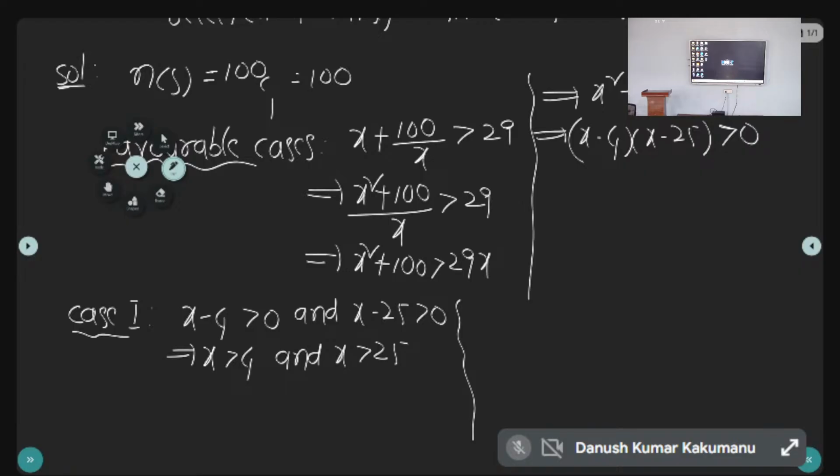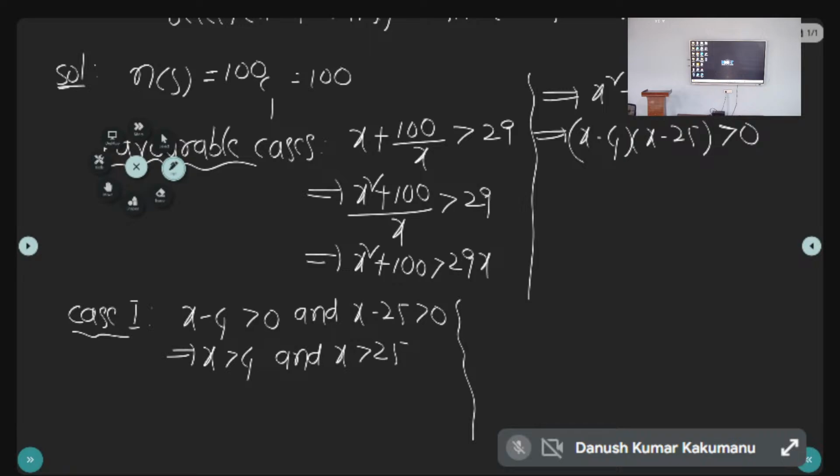Say a number x which is both greater than 4 and 25, when is it possible? A number greater than 25 is always greater than 4. Suppose I take the number 16, it is greater than 4, okay, but it is not greater than 25.